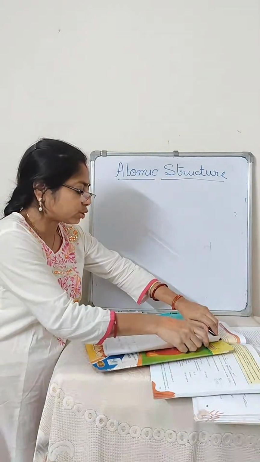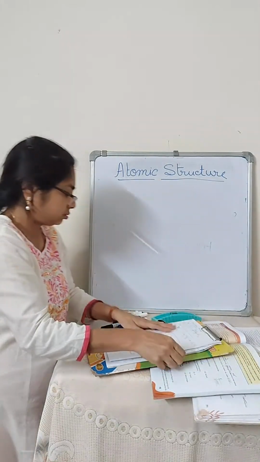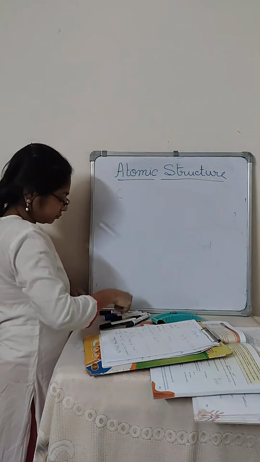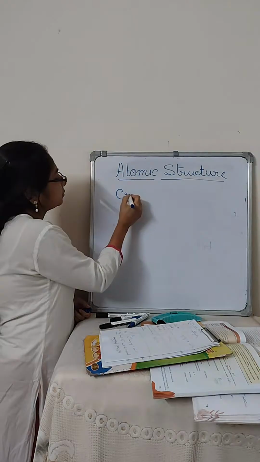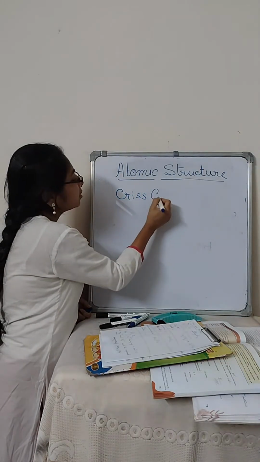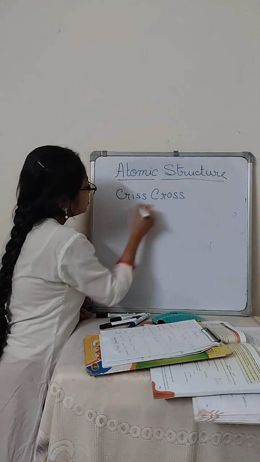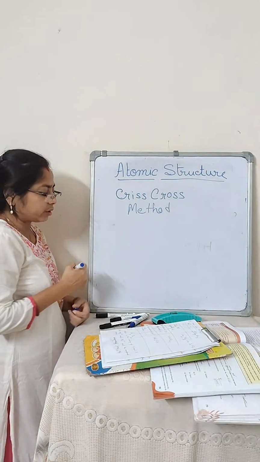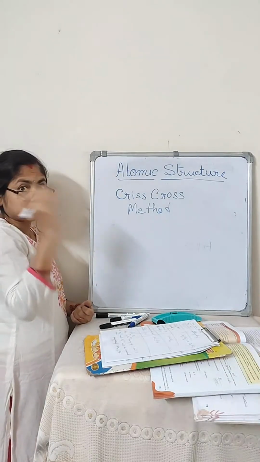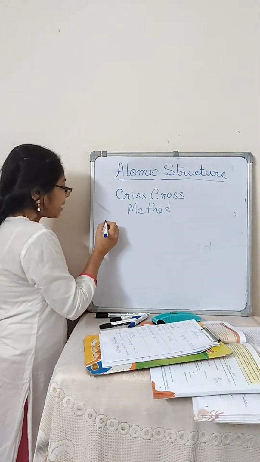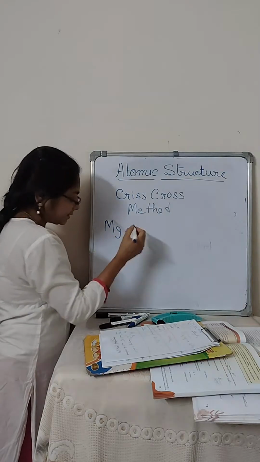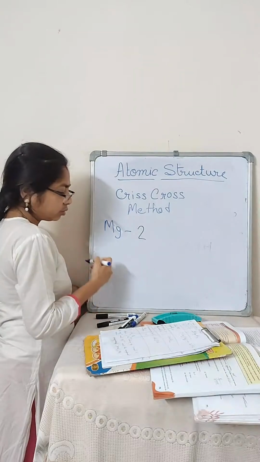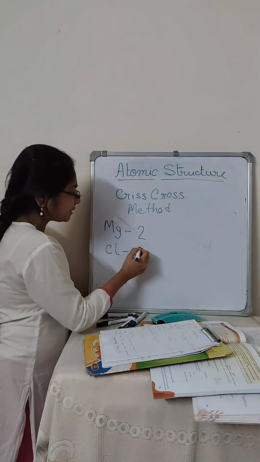Now I will tell the crisscross method. What is the crisscross method? Suppose magnesium chloride. First, magnesium valency is 2, chlorine valency is 1.